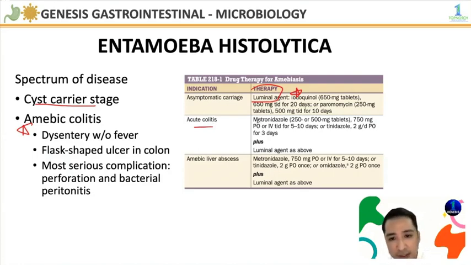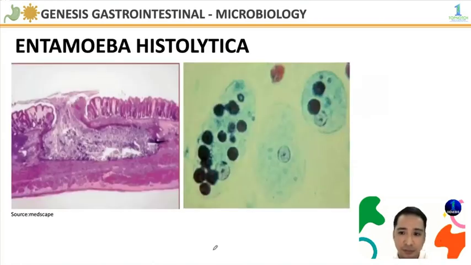We have metronidazole plus luminal agent, iodoquinol or paromomycin combination medication. In amoebic liver disease, we have metronidazole, lagi nandyan ang metronidazole kasi protozoa pinag-uusapan natin, plus luminal agent. So you see there's combination of medications.